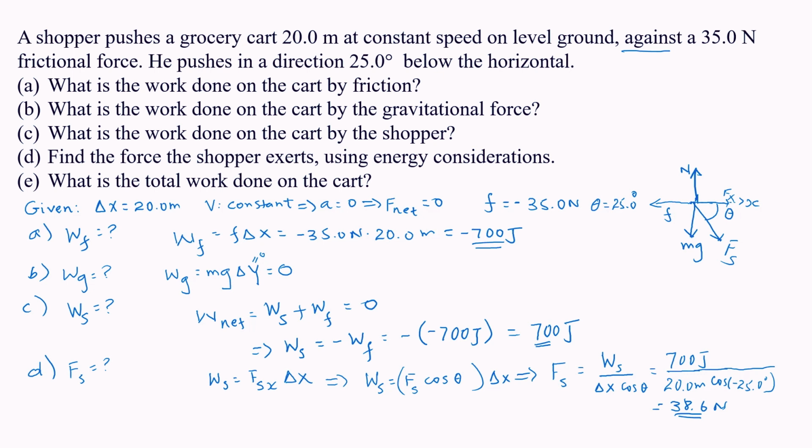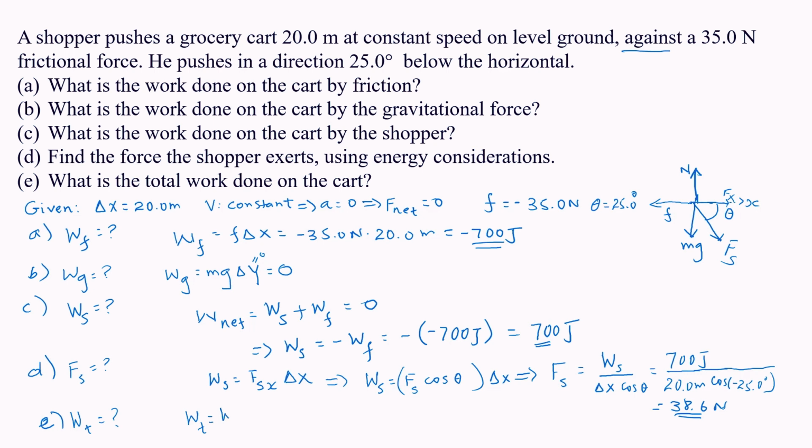Alright, E, what is the total work done on the cart? So let's denote it by WT, and that's what we are required to find here. And the total work done is equal to the algebraic sum of all work done.